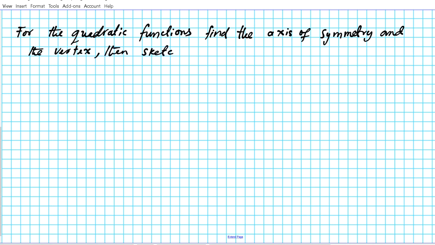Okay, so it's not going to be a perfect curve. We're just going to sketch the graph of the quadratic, which is going to be a parabolic function.